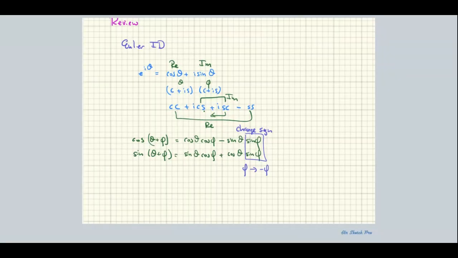Now, so what that comes down to is, if you want just the real brief way to actually write this so that you can memorize it, if you don't want to go through this, right? C of theta plus phi is CC minus SS, S of theta plus phi is SC plus CS. That's what it comes down to.